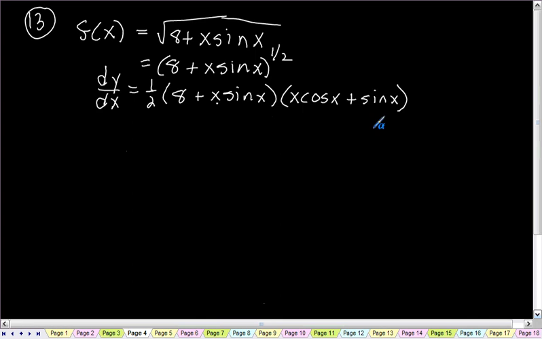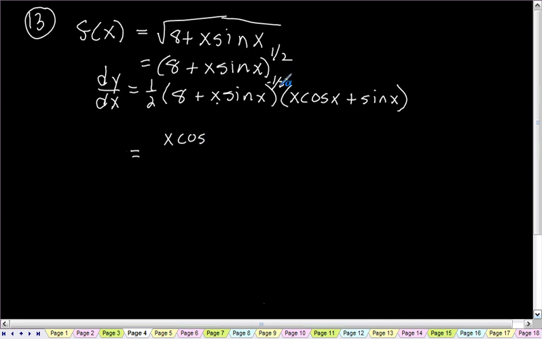I probably can't simplify this. Maybe I can. This is actually this negative 1/2 up here. I could rewrite it, I guess, to make it look a little neater. This should be x cosine.